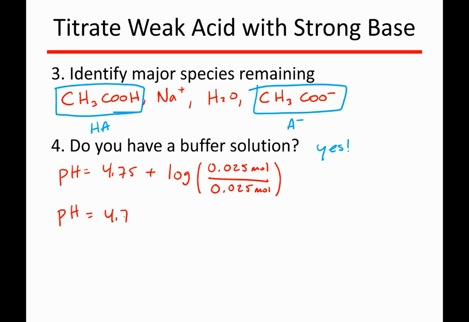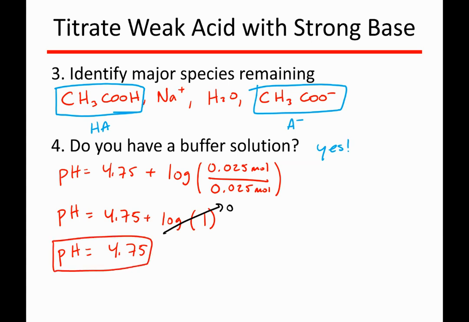Since the moles of HA and the moles of A minus are the same, 0.025 over 0.025 equals 1. And the log of 1 is just 0. So that goes away completely. What you end up with is that the pH is equal to the pKa of acetic acid. The pH of this solution is 4.75.